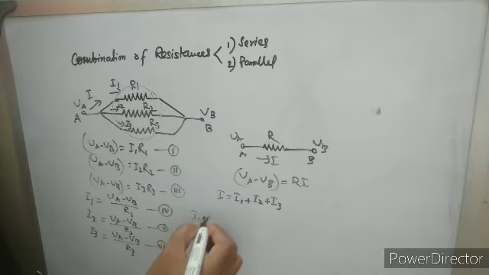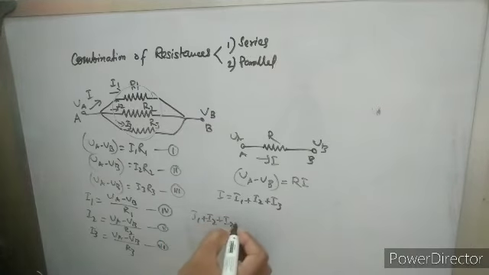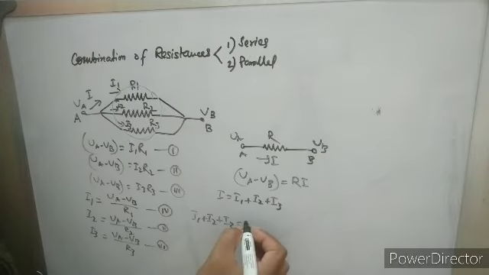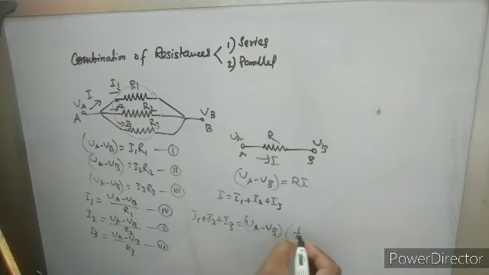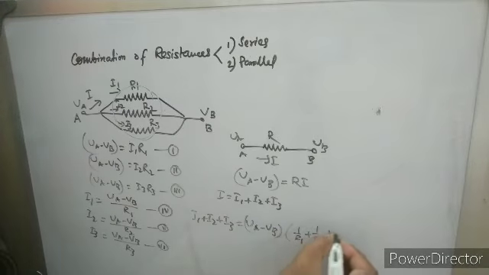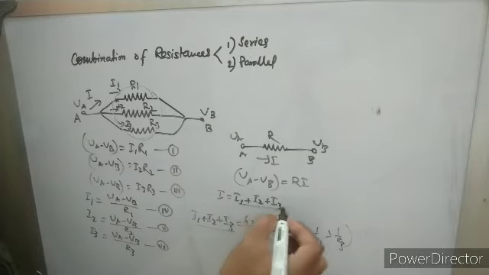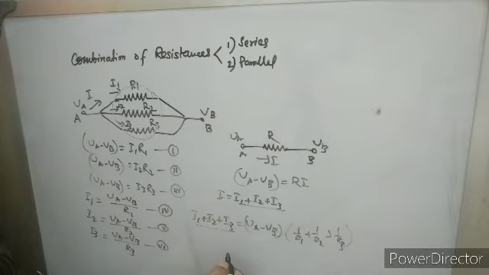Now if I add I1 plus I2 plus I3, it equals VA minus VB, which is common, times 1 by R1 plus 1 by R2 plus 1 by R3. Now I1 plus I2 plus I3 equals I, so I equals VA minus VB times the remaining part, 1 by R1 plus 1 by R2 plus 1 by R3.